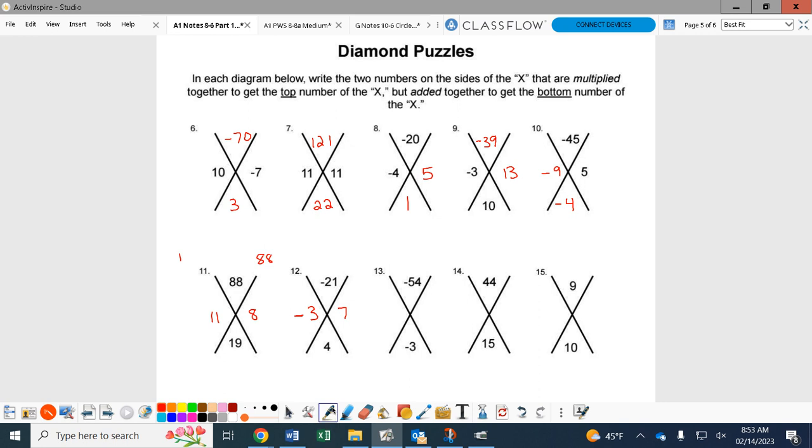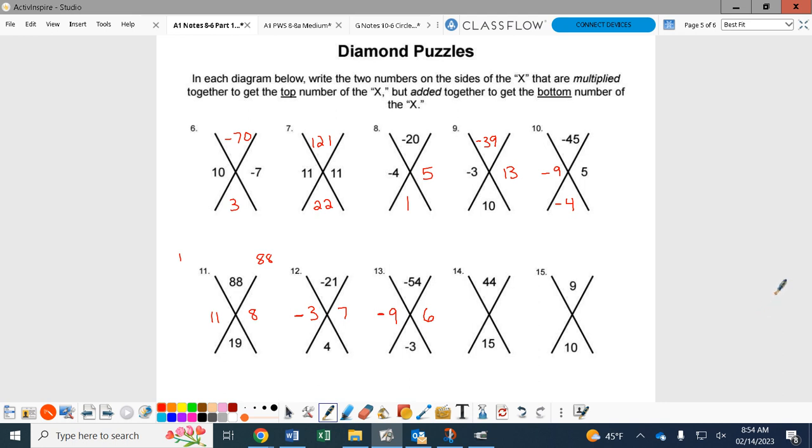The next one, again, a negative on top means we've got one negative and one positive. Because the bottom number is negative, the bigger number would have to be negative. What two numbers are 3 apart that multiply to give you 54? 9 and 6, good. And we said the bigger number would have to be negative, so it would be negative 9 and positive 6.